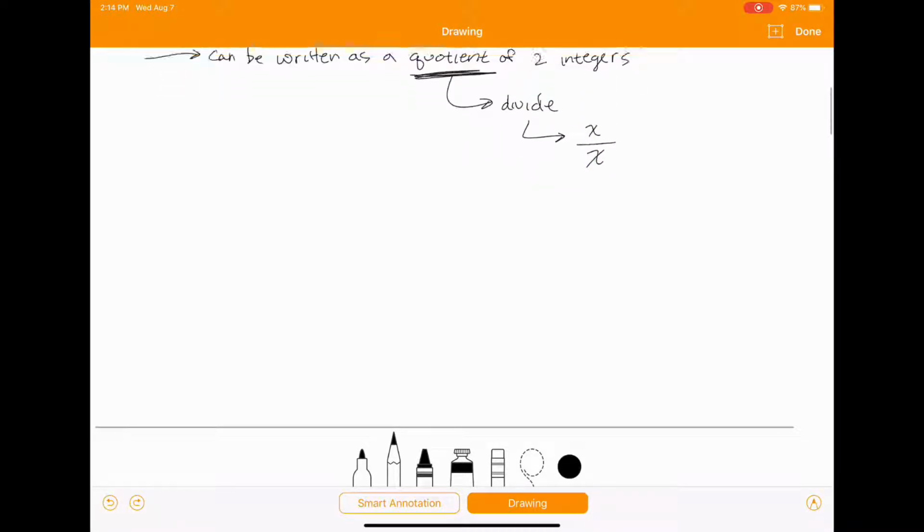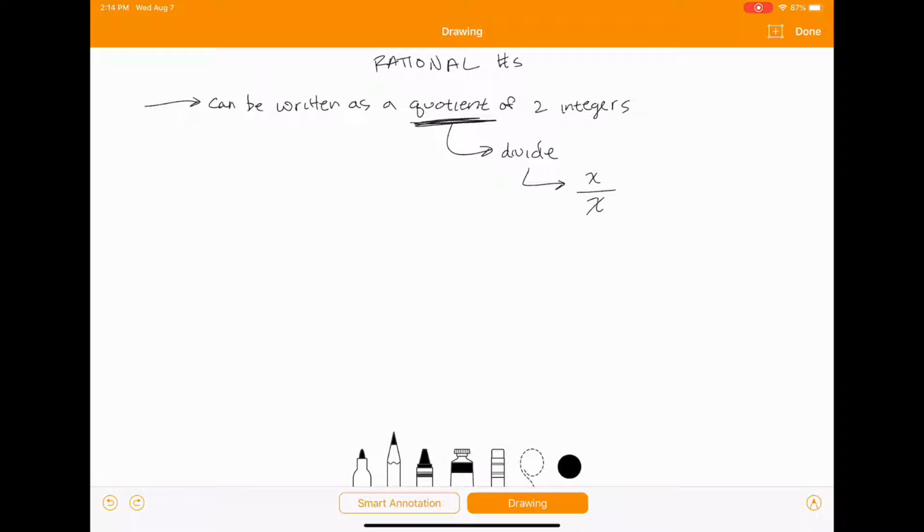So let's go ahead and just do a couple of examples of writing fractions as decimals.